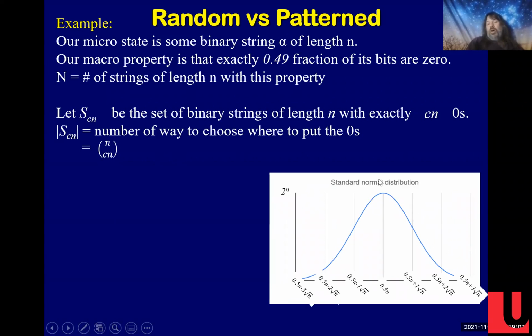Most strings are 50-50 zeros and ones, and as you go over 1, 2, 3 standard deviations, the size of the set goes down really quickly.